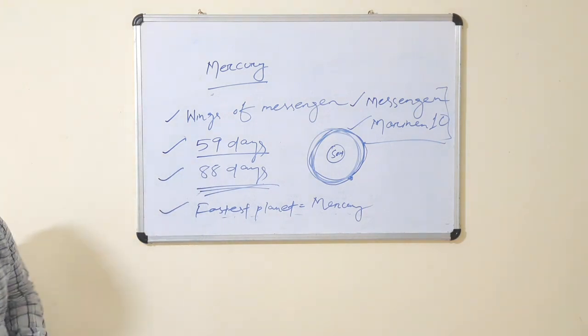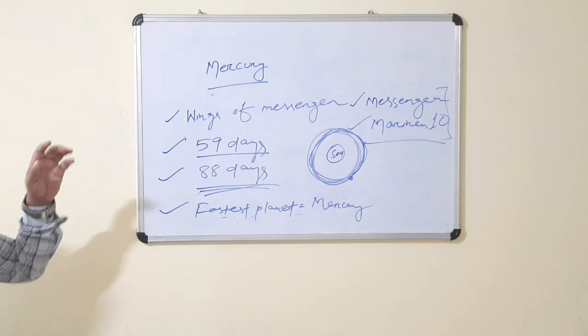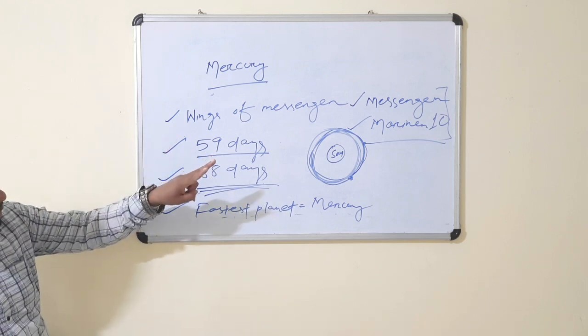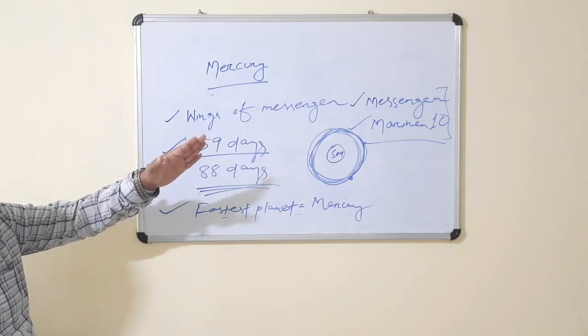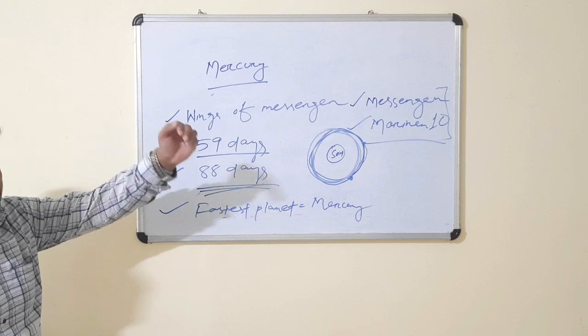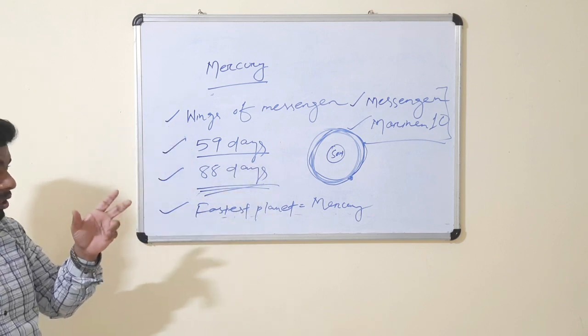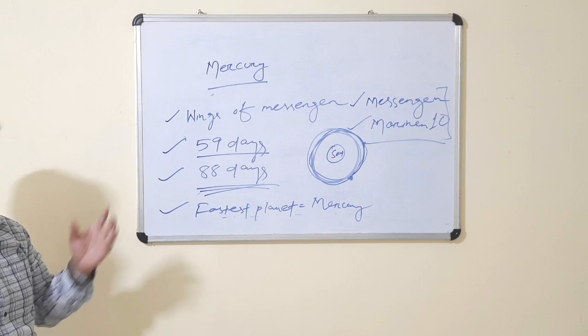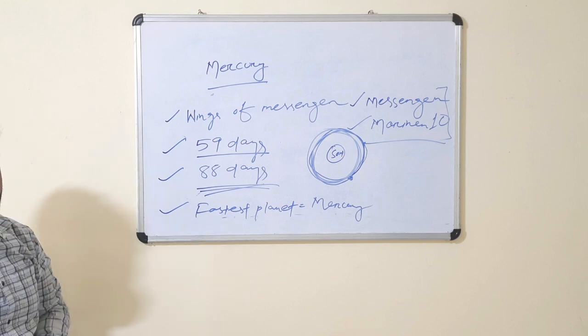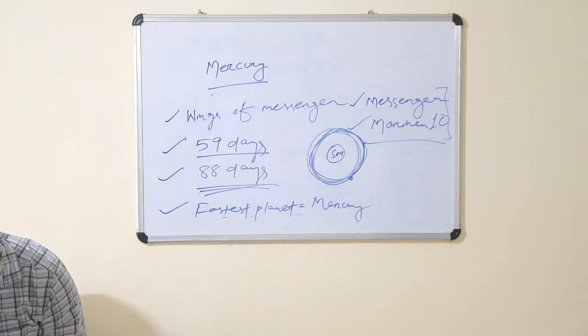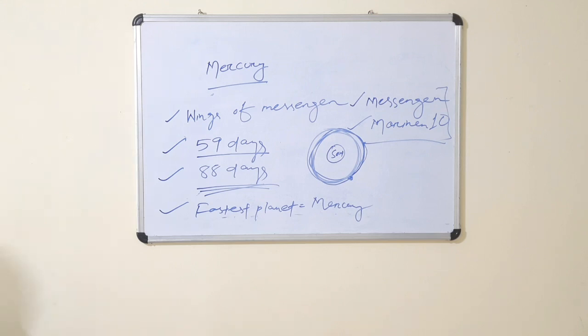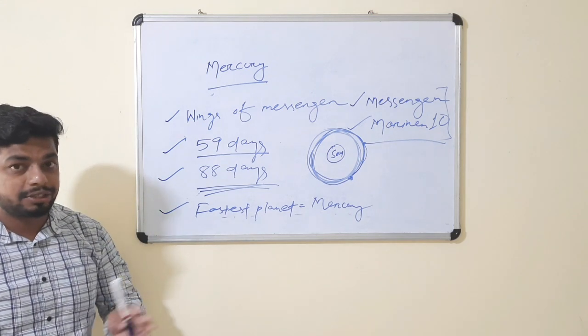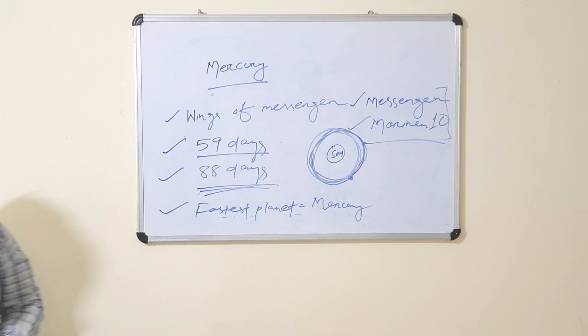So far, two spacecraft named Messenger and Mariner 10 have reached Mercury successfully, but because of the extreme heat they have not survived long. So it is the smallest, fastest planet and the closest to the sun in the solar system.